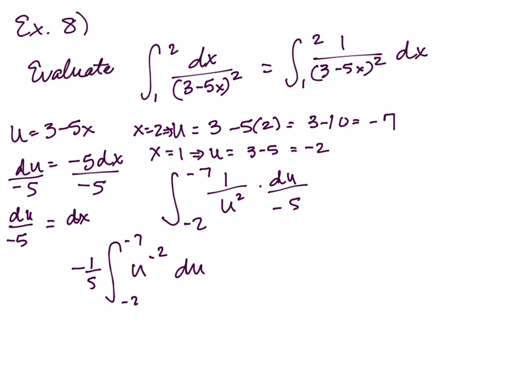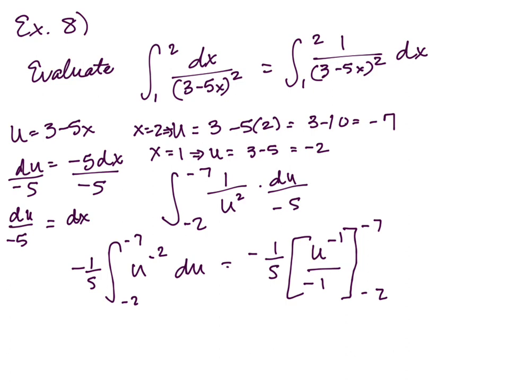So what's the antiderivative? u to the negative 1 over negative 1. Add 1 back, divide by the new. On negative 2 to negative 7.